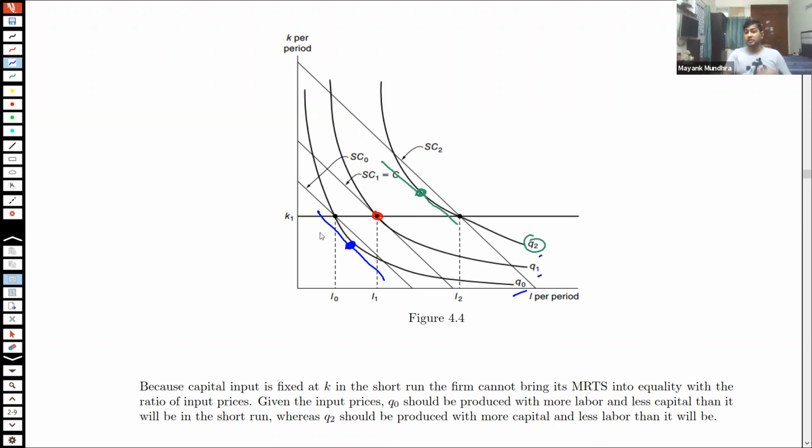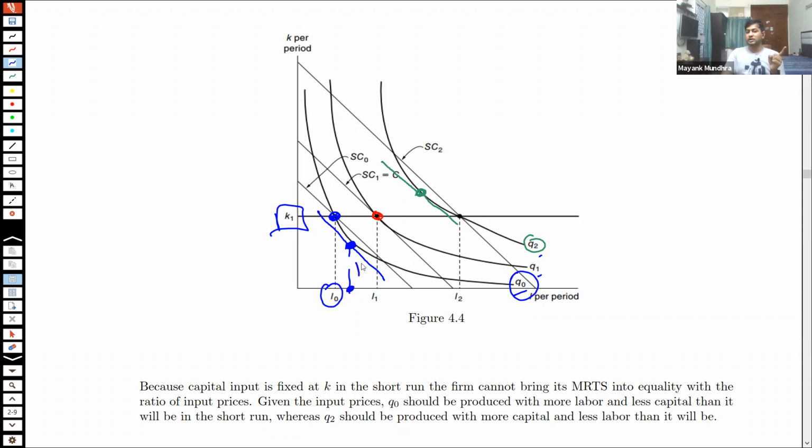But in the short run, I cannot change capital. So the only thing I can change is labor. If I have to produce quantity Q0 in the short run, the only way to do it is to hire this much amount of labor. In the long run, I would have picked this much labor, but I am picking this much labor in the short run.